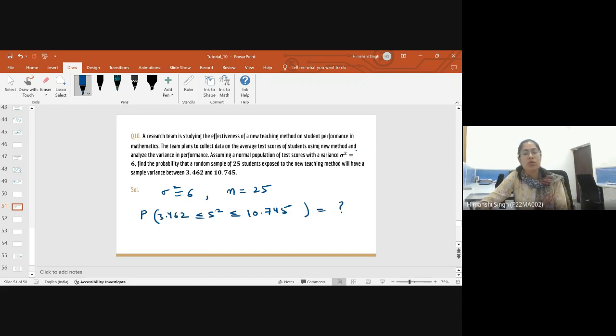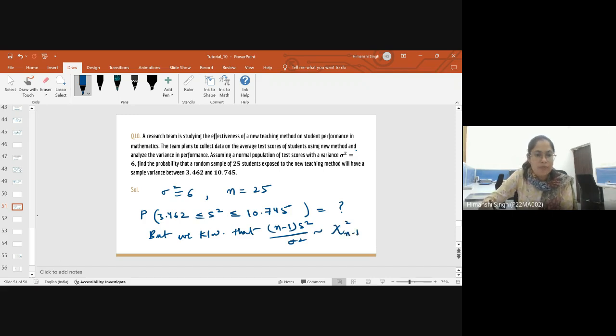Now directly we do not know the distribution of s square, but we know that (n minus 1) s square by sigma square follows chi square with n minus 1 degrees of freedom. So we'll convert this into chi square.